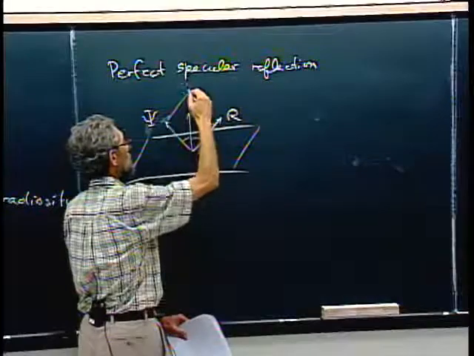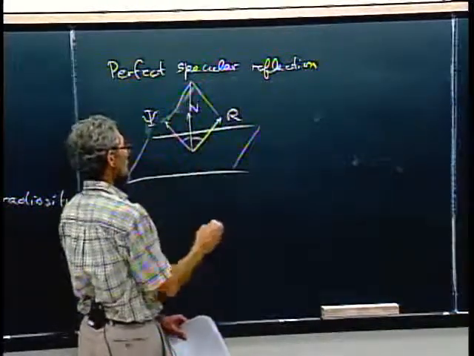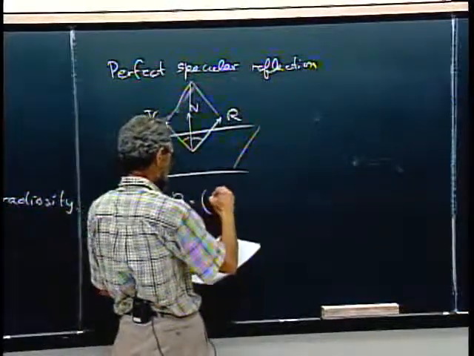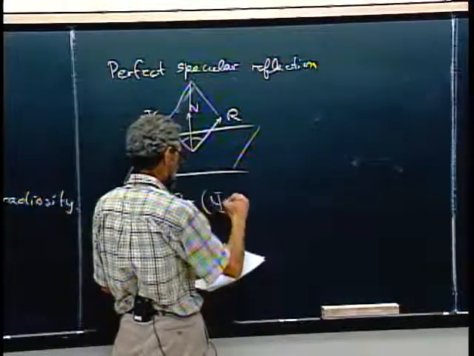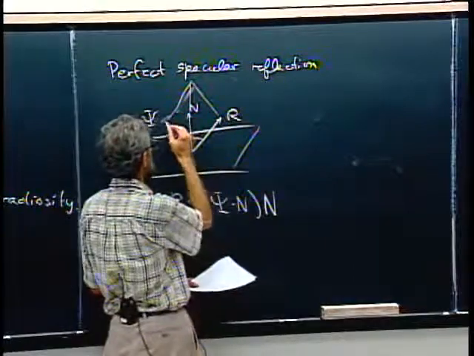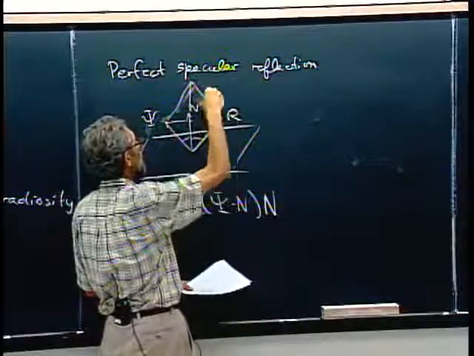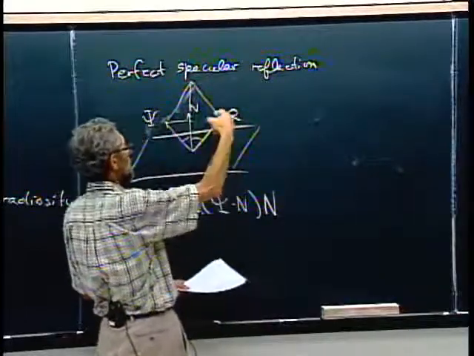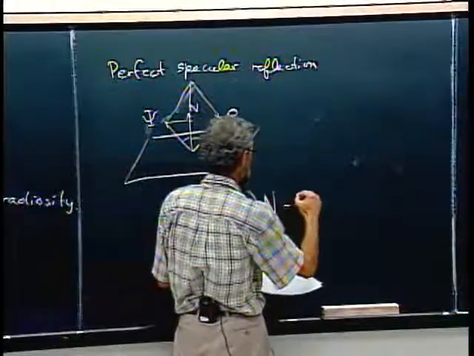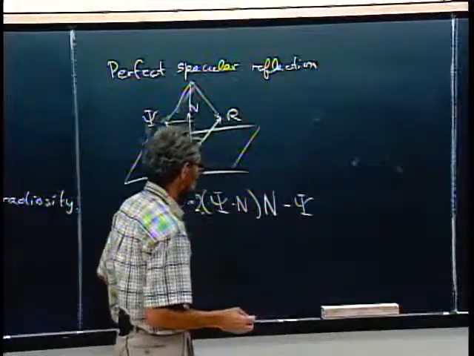In the first lecture, I drew a parallelogram and computed that the perfect mirror reflection direction is the incoming direction dot the normal, multiplied by the normal. This scalar gives the length of this projection. If you double it, that's the length of this point, and if you subtract the incoming direction, you get this vector here. So that's the perfect mirror reflection.